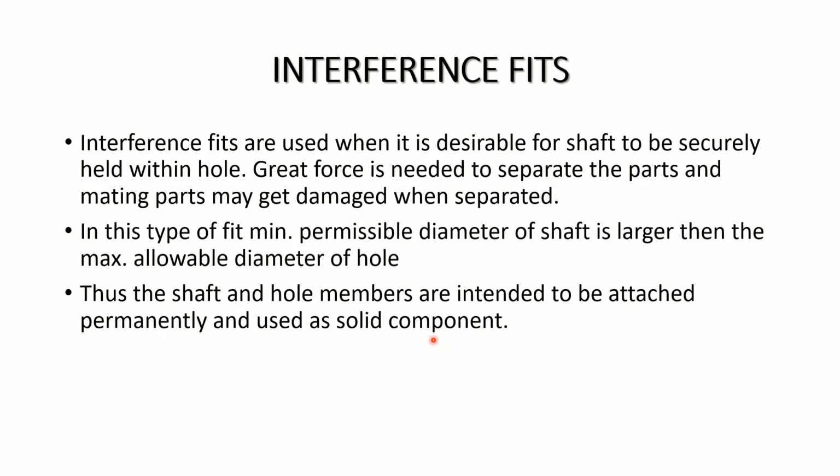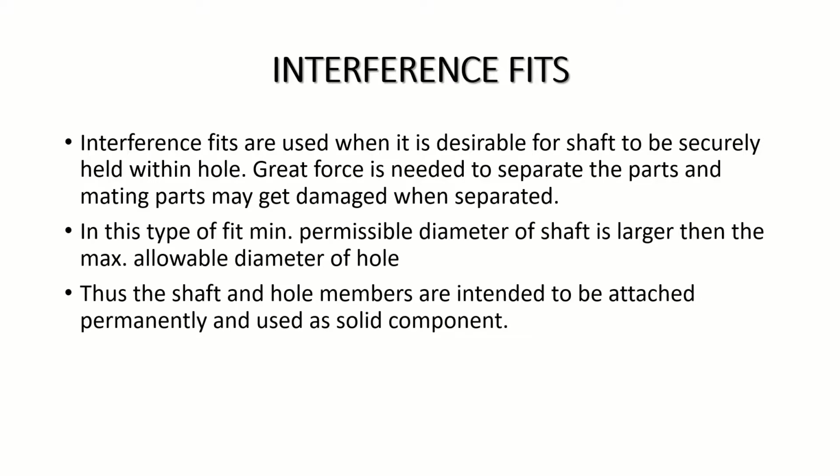A negative difference between the diameter of the hole and the shaft is called interference. In short, this type of fit is mainly useful for motion and power transmission. Interference exists between the high limit of the hole and the low limit of the shaft.